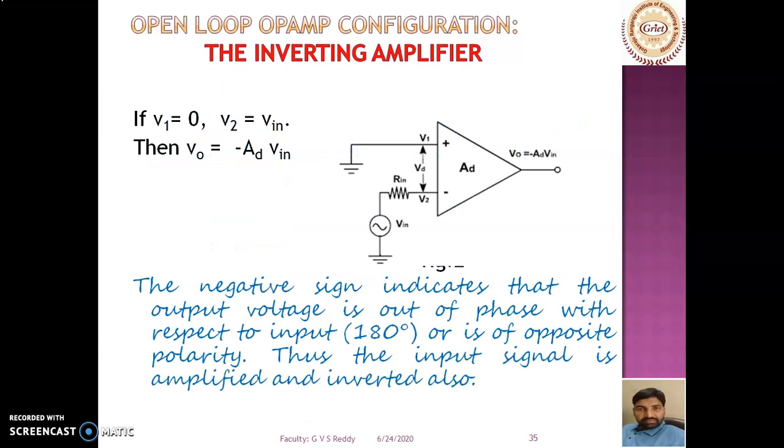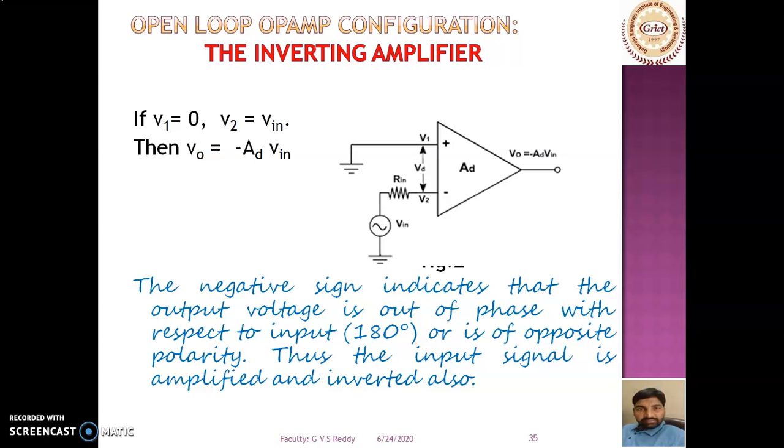If V1 equals 0 volts and V2 equals VIN, then the corresponding output voltage VO equals minus AD into VIN. Here AD represents the operational amplifier open loop gain.